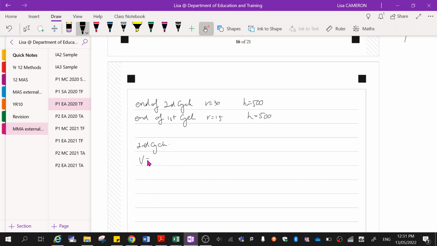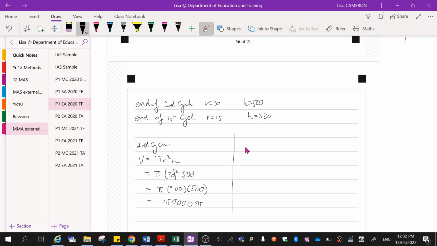For the second cycle, our volume is equal to, now it's a cylinder, so pi r squared times the height. That's pi times 30 squared times 500, so pi of 900 times 500. That collects all the zeros up: 1, 2, 3, 4 zeros, and 9 times 5 makes 45.